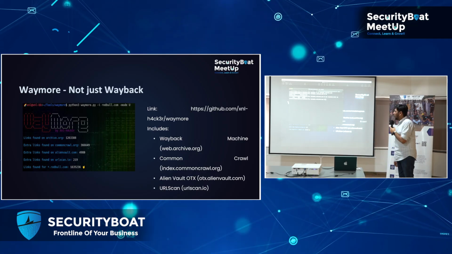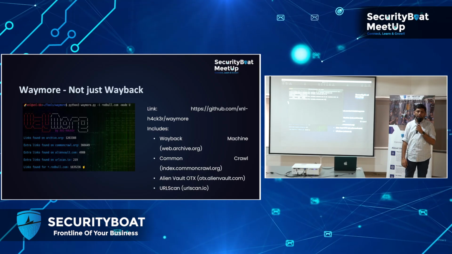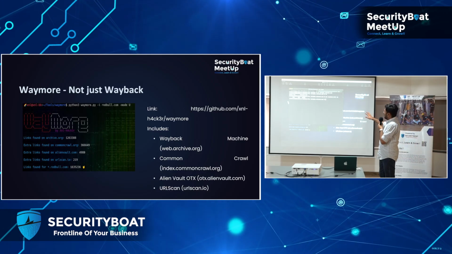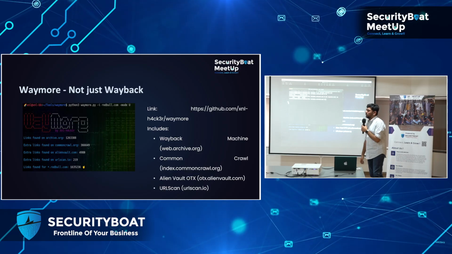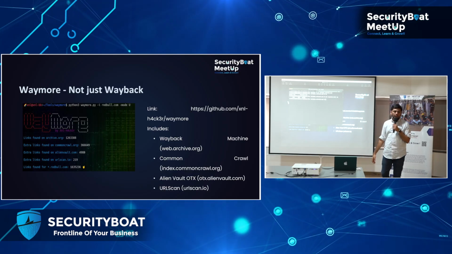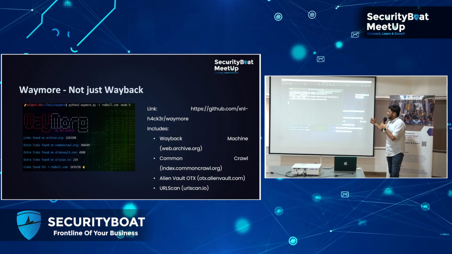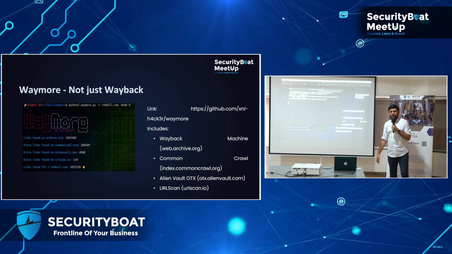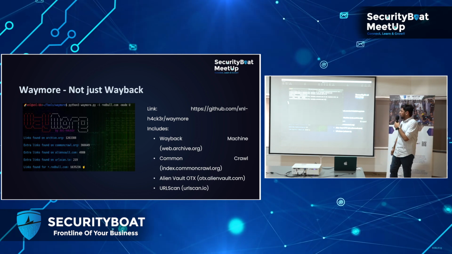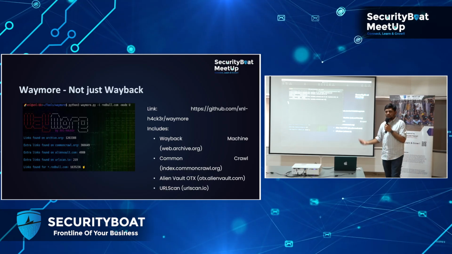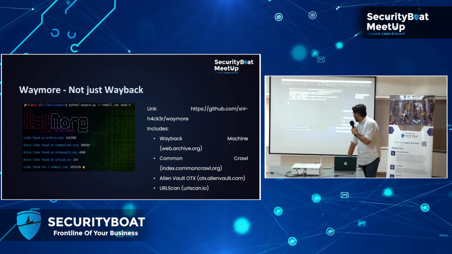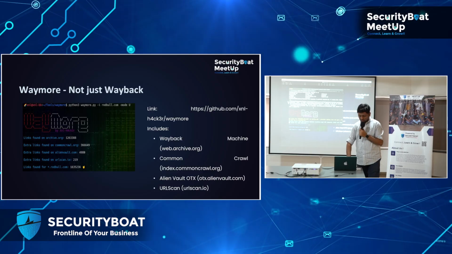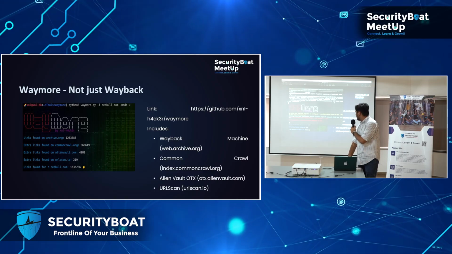You can see we have around 543 for a single website. Now just imagine, what if you send a list of subdomains, you get more results than your normal Wayback Machine and your normal GAU. So that's Waymore, and as the name suggests, it gives more URLs, more endpoints than your normal domain.